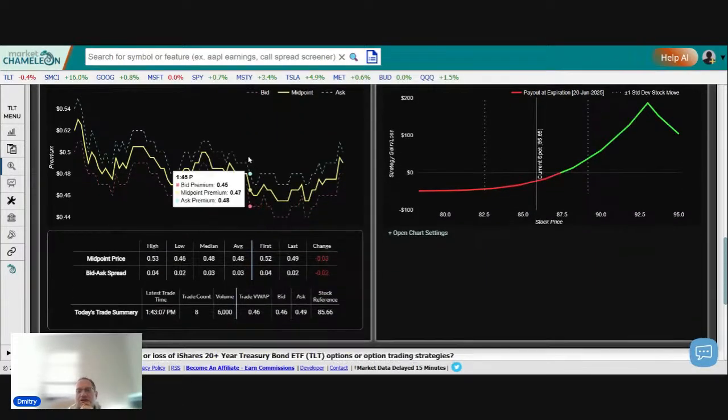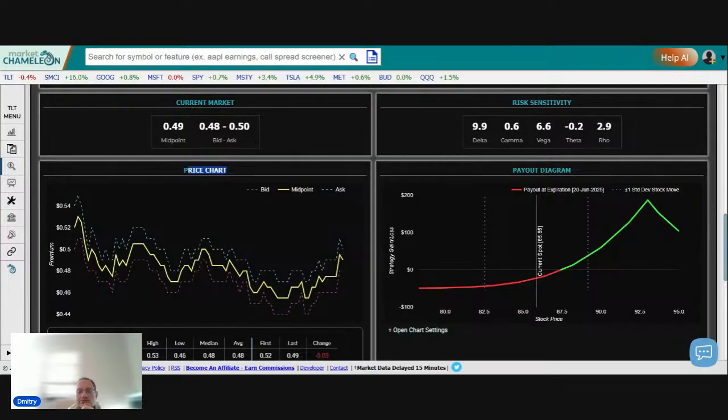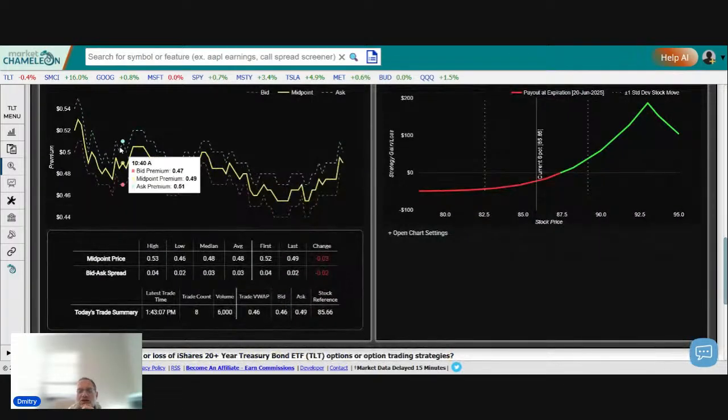If we slide down here, this is the price chart on the day. And up here, this is tracking the price of that spread based on mark-to-market prices. So mark-to-market means the option values are changing throughout the day, even when there's no trading, right? So the option values will go up and down. If the stock price is going up and down, the values will go up and down.